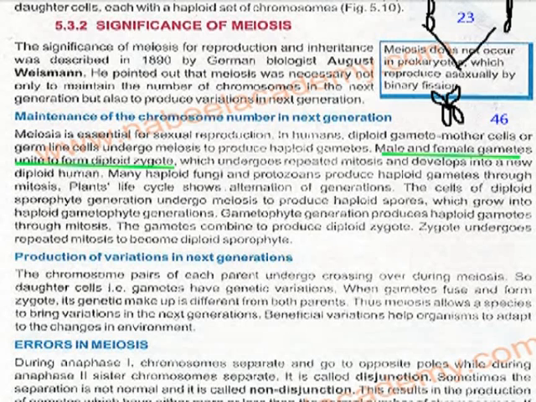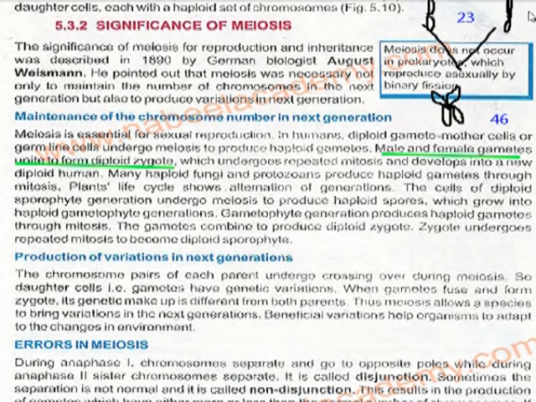It has to be maintained at 46. How? After fertilization, again 46. In germ cells, in gametes, 23, but after fertilization, 46. What happens if it was 46 already?